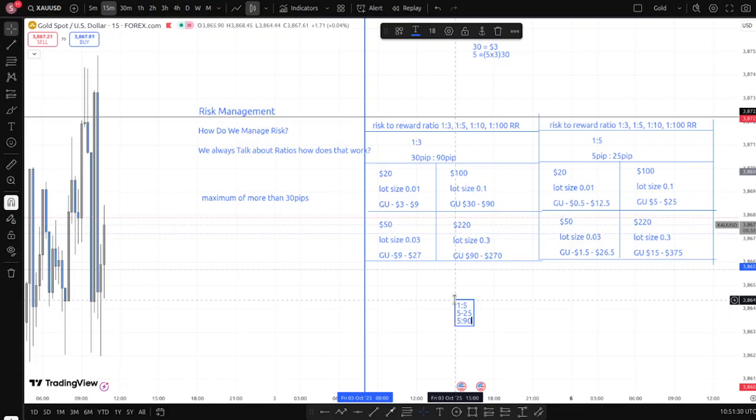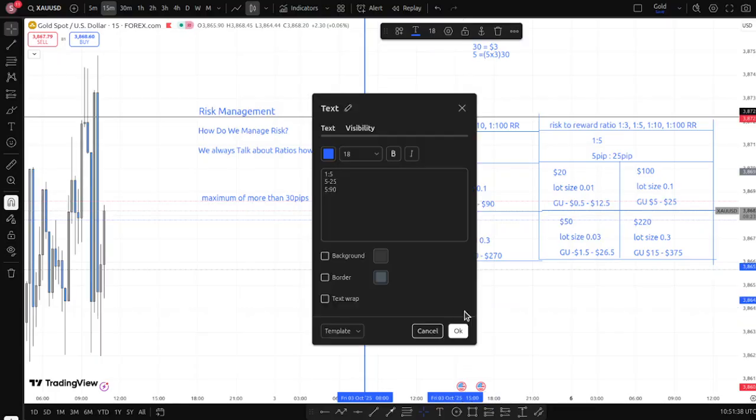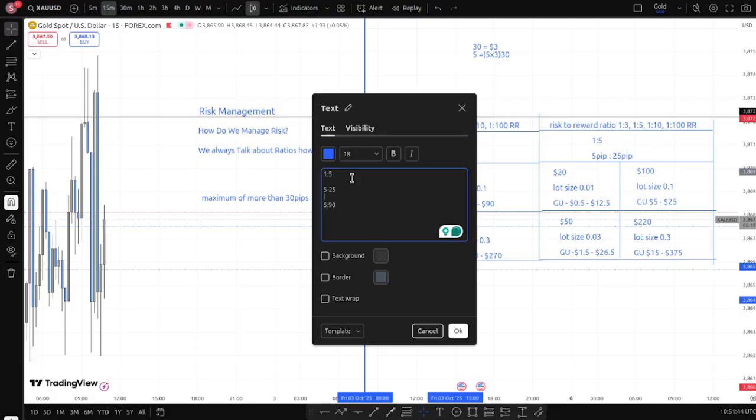Sawa, itakuwa na calculator hadi hesabu bwana. Hizi ni pips. Hii hapa si pips. Tuweke hii. Hii ndio risk to reward. Alafu hii ndio pips.